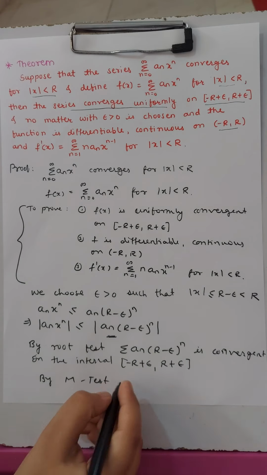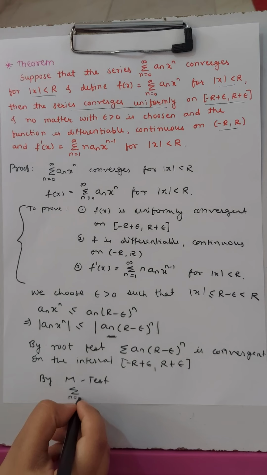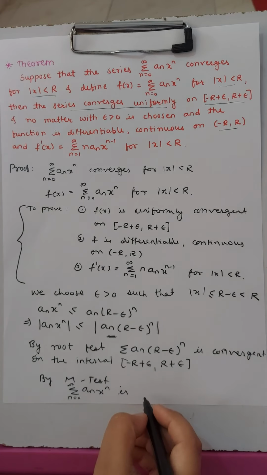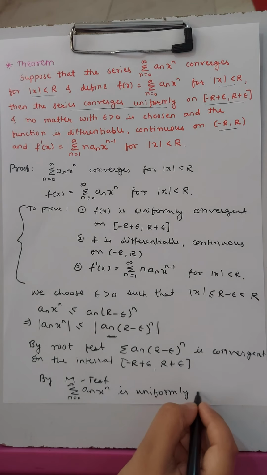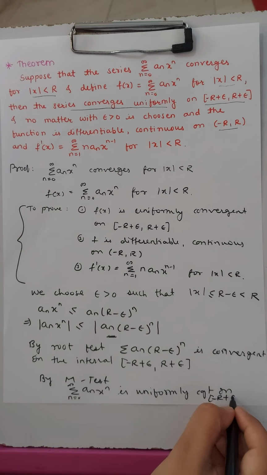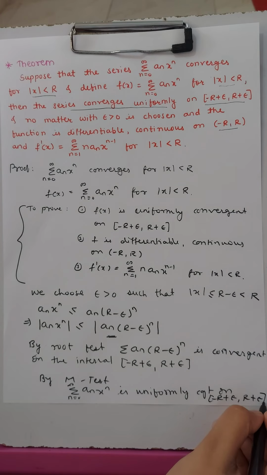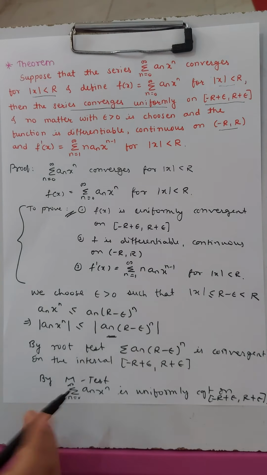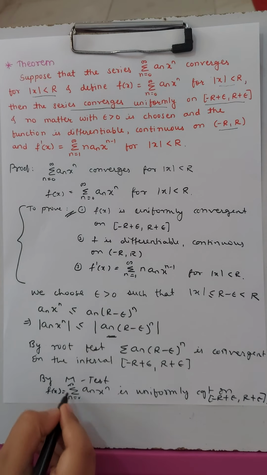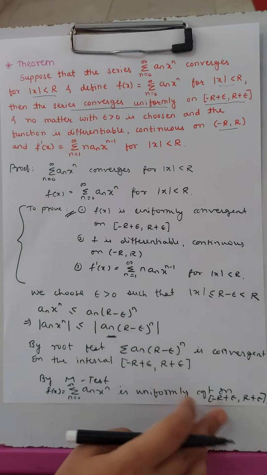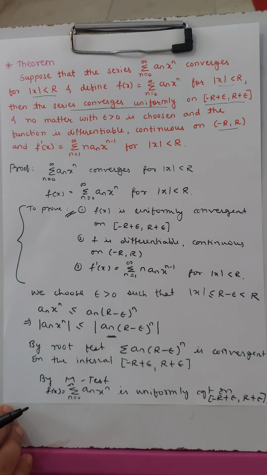So by M test, this summation n from 0 to infinity a n x to the power n is uniformly convergent on this interval minus r plus epsilon to r plus epsilon. So here this first part, f of x equals summation n from 0 to infinity a n x to the power n, is uniformly convergent on this interval. This first part is proved.